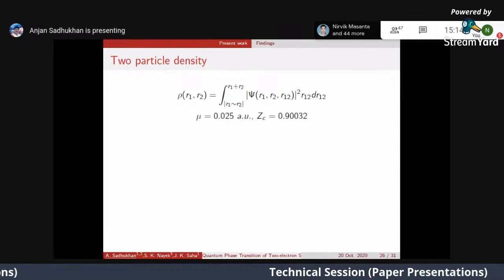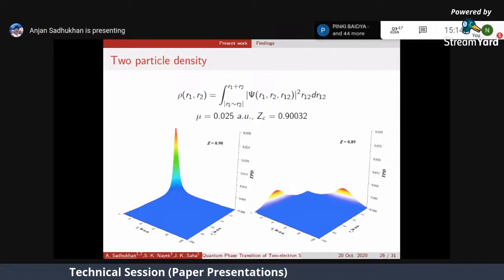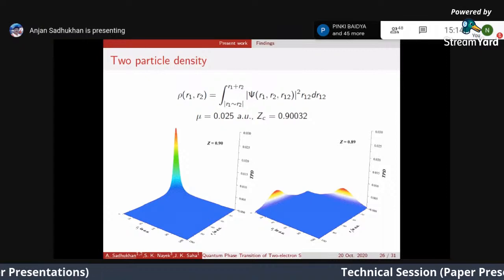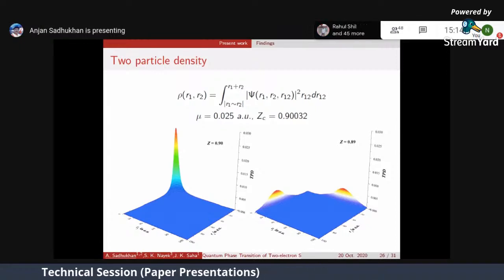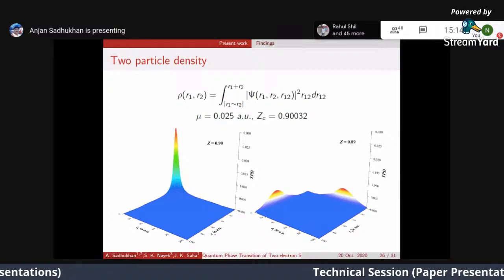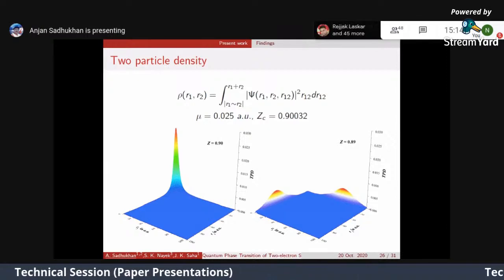For example, we have considered mu equals 0.025 atomic unit. Corresponding to that, we have considered two different Z values, Z equals 0.9 and Z equals 0.89, and we have calculated the two particle densities, which are a function of R1 and R2, and we have plotted these two. In this diagram, we have plotted rho as a function of R1, R2 in a three-dimensional surface.